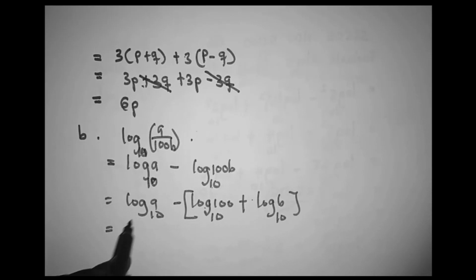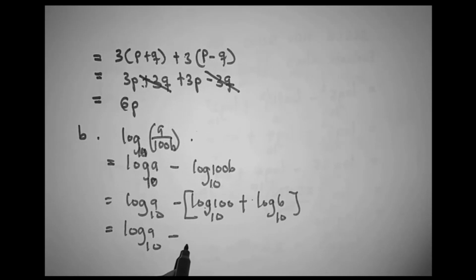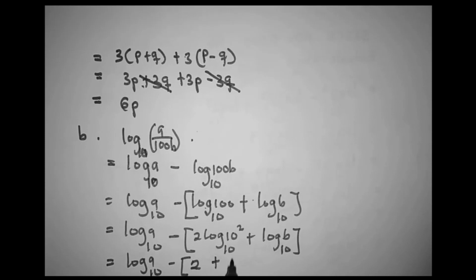And that is also equal to log A base 10 minus, 100 is the same as 10 squared, so we can put 2 down. So this is equal to log A base 10 minus (2 times log 10 base 10, which is just 1, so 2 times 1 is 2), then plus log B base 10.